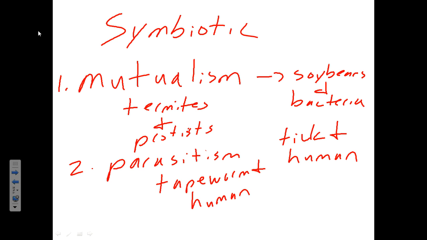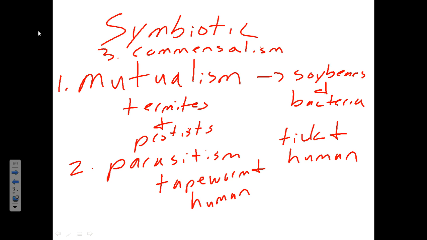So that's parasitism. One partner benefits, the other one's harmed. The third and last form of symbiotic relationship we'll talk about is called commensalism. This is where one of the partners benefits and the other one is not affected good or bad.